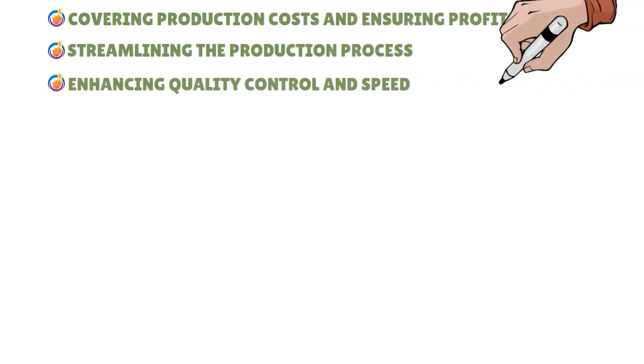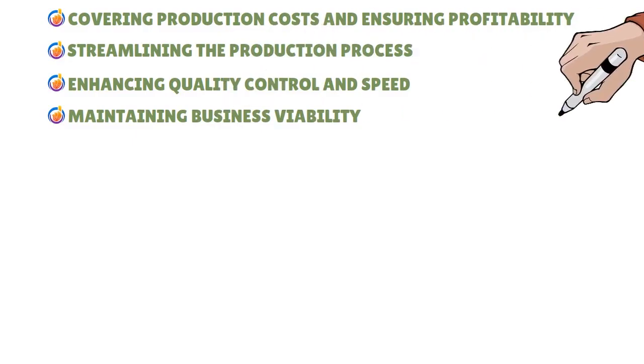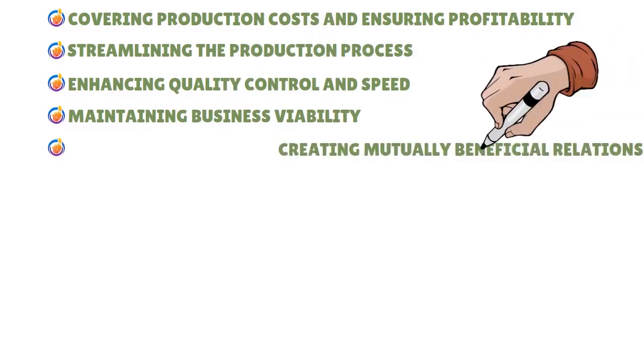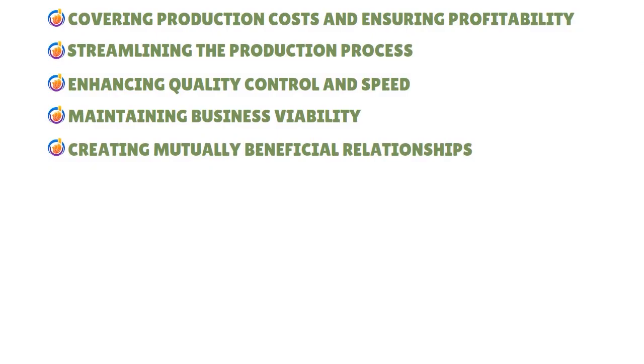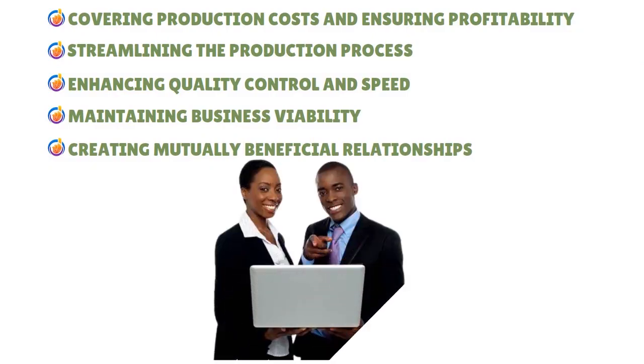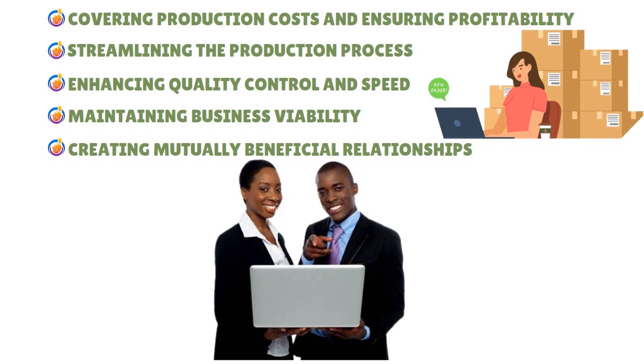They want to enhance quality control and speed. They want to maintain business viability, and they also want to create mutually beneficial relationships. MOQs help suppliers build better relationships with factories and with business owners like you, thanks to consistent production processes, quality, and lead times.